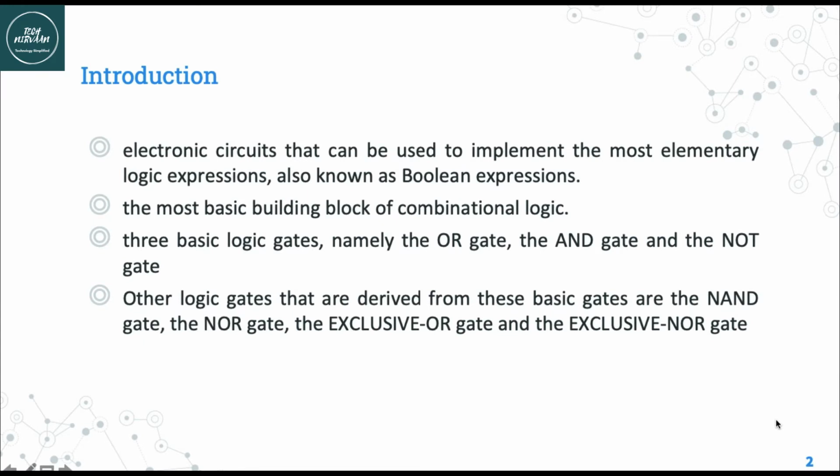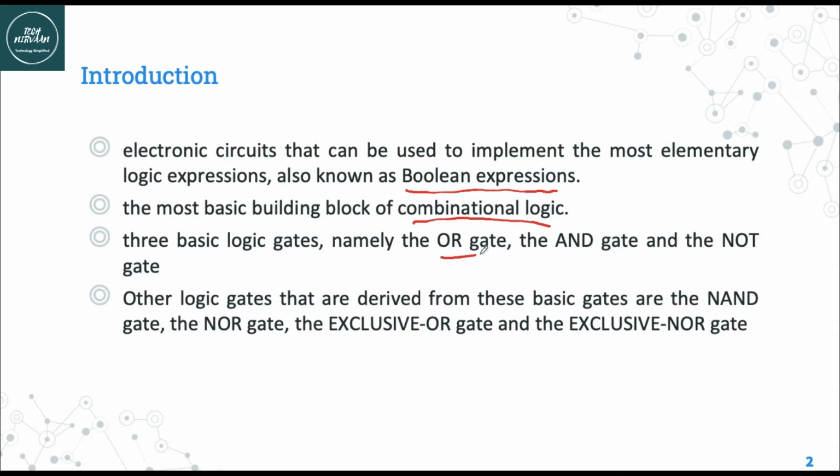Logic gates are nothing but electronic circuits that can be used to implement the most elementary logic expressions, which are known as Boolean expressions. Logic gates are the most basic building block of combinational logic. Basically, there are three basic logic gates.